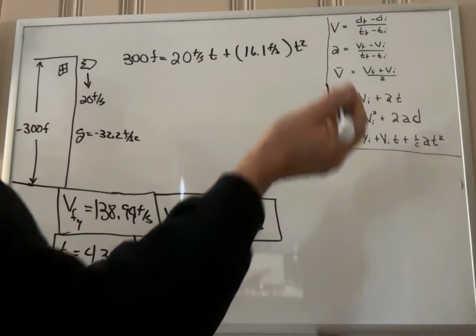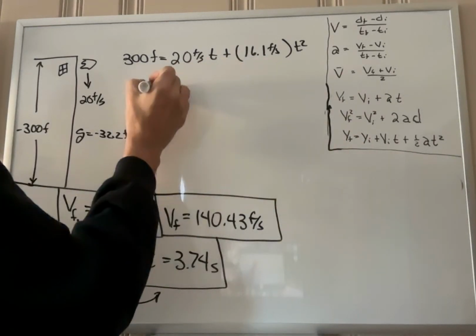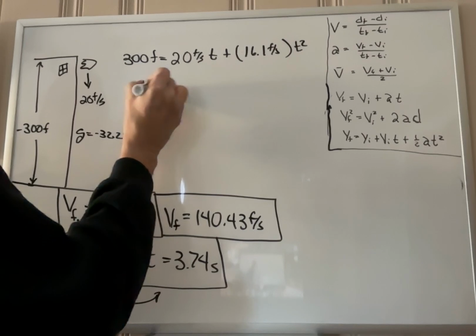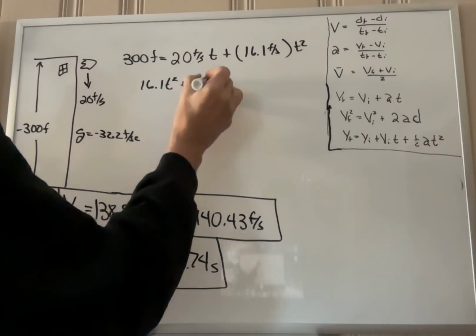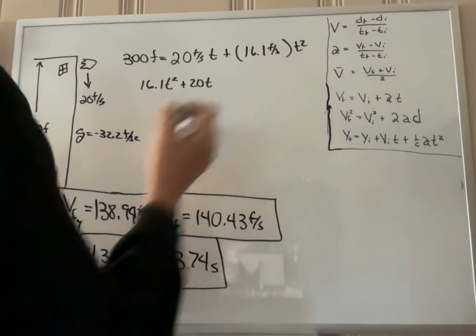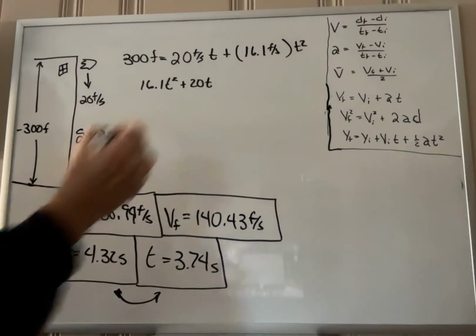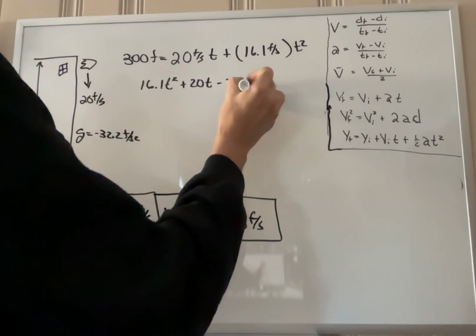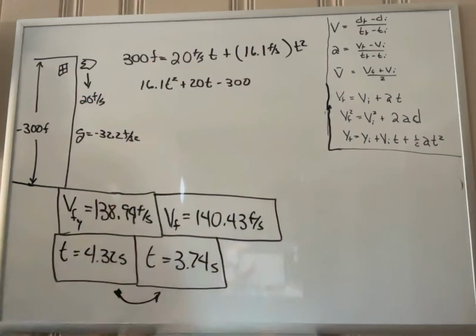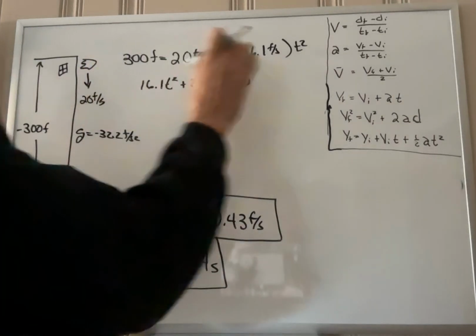Okay, so let's solve this thing. It's basically a quadratic equation. So we're going to have 16.1 t squared plus 20 t minus our 300, because we're going to take the 300 and put it over here. You're going to get the same results if you make this negative and that negative.